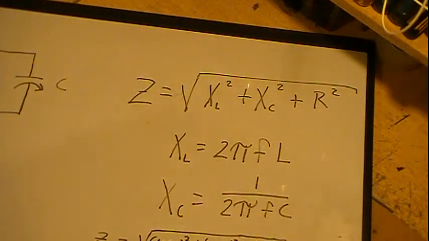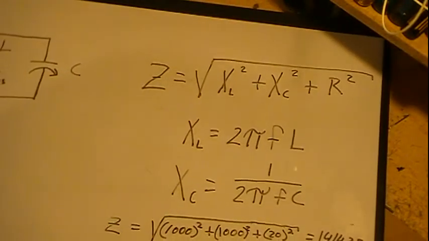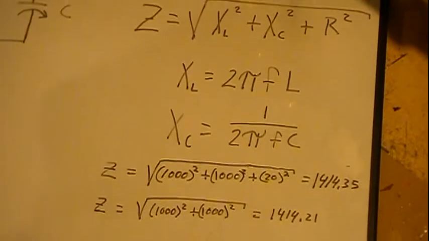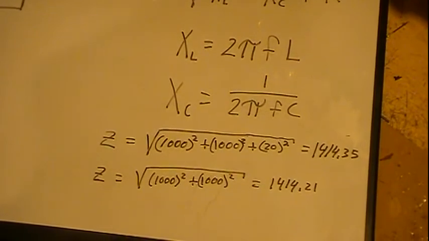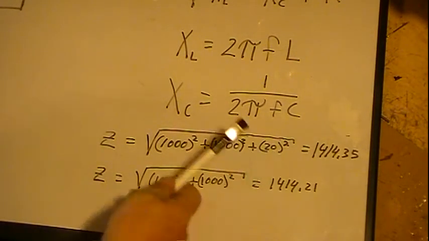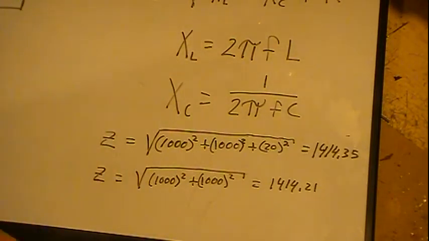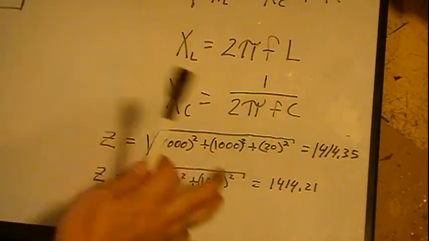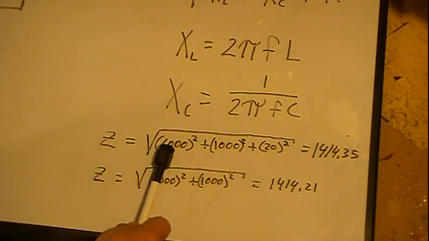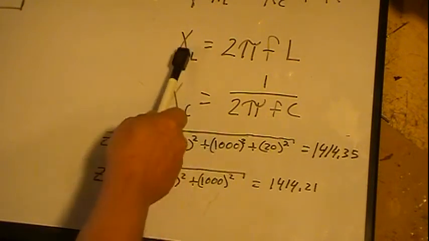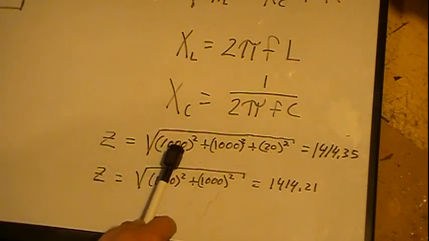Now, I had done just off camera a little math, and I just picked some numbers. 20 ohms for the series resistance, which is pretty big. Most coils are never going to be quite that big, at least not in broadcast radio or something like that. But we'll just use 20. And we took 1,000 ohms for each of our reactances.